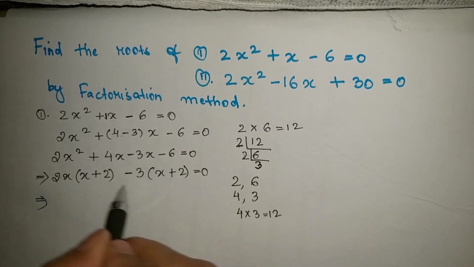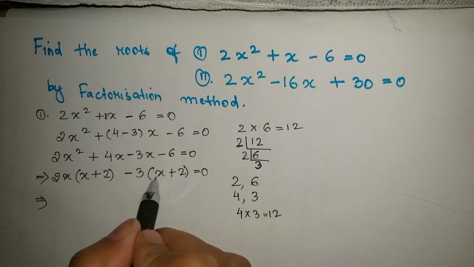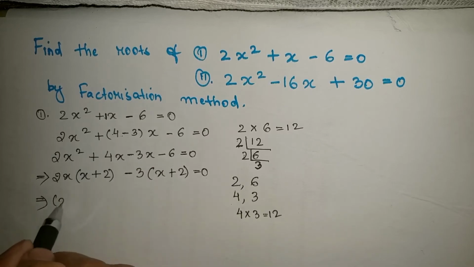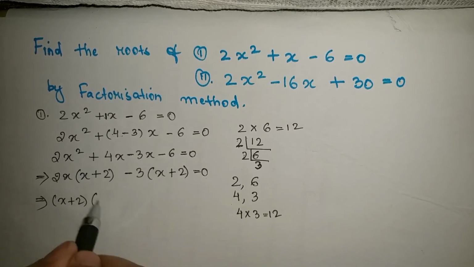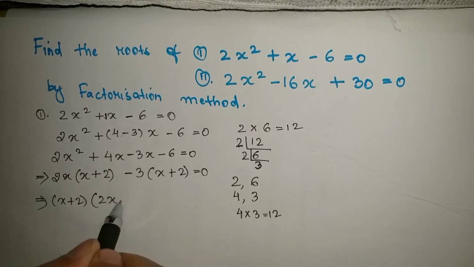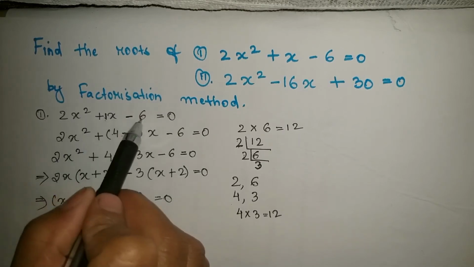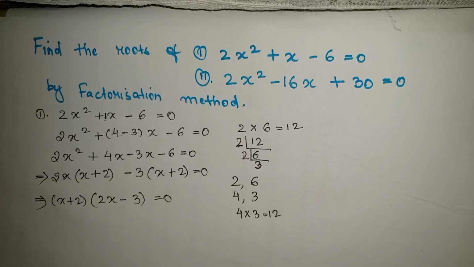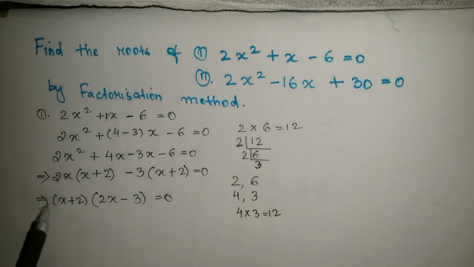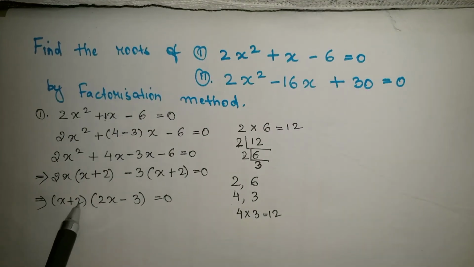Next, from here, I have x plus 2 in common. And what is left from here? 2x. And from here, I am left with minus 3. So here I have completely factorized this quadratic equation. X plus 2 and 2x minus 3 are the factors.